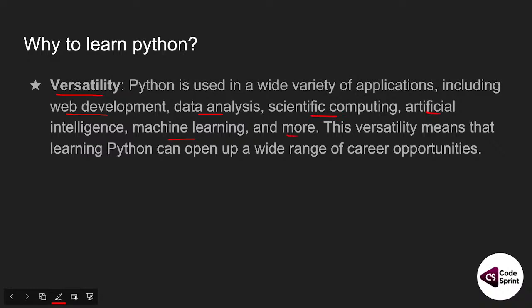And this is a best or preferable programming language in which you can start your career because it gives you a variety of opportunities. If you learn Python, then afterwards you can go into any of these lines.